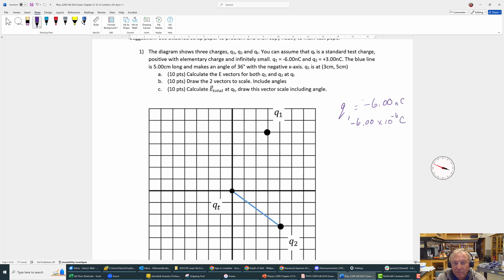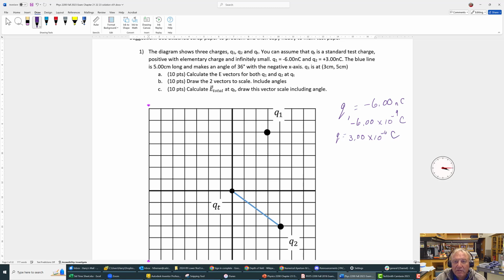Oh, excuse me. Let's get the eraser. Nano is 9. And Q2 equals 3.00 times 10 to the negative 6 coulomb.